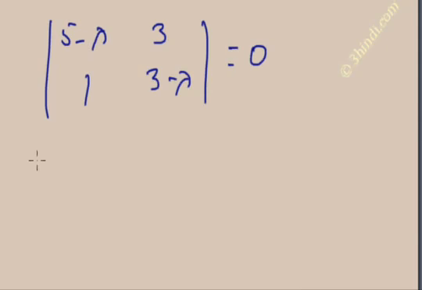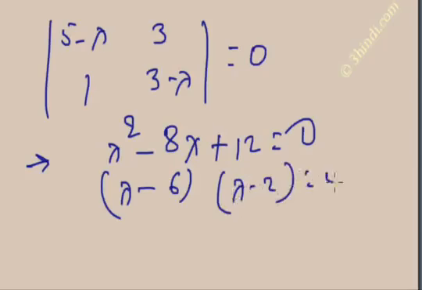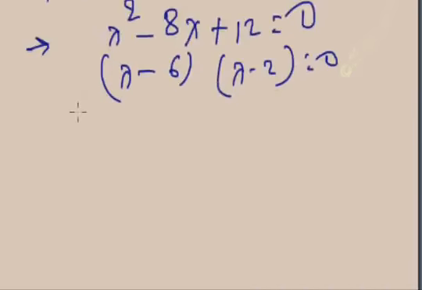This is the characteristic equation. This means lambda squared minus 8 lambda plus 12 is equal to 0, and lambda minus 6, lambda minus 2 is equal to 0. So lambda is equal to 2 and 6.